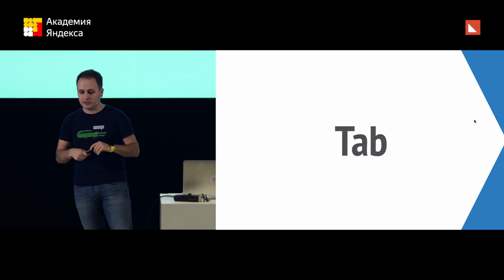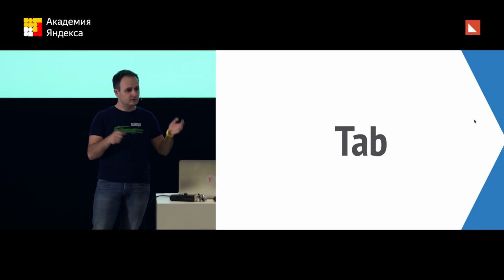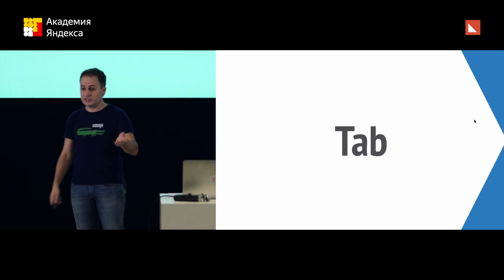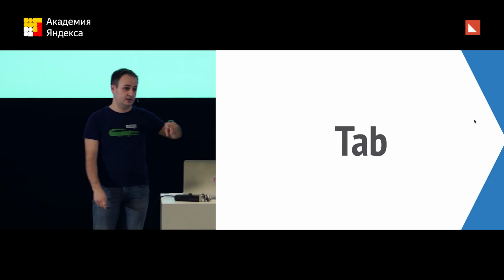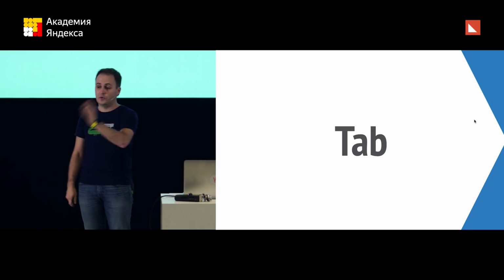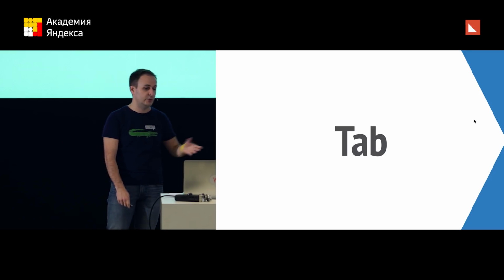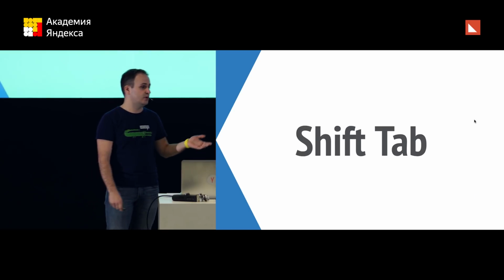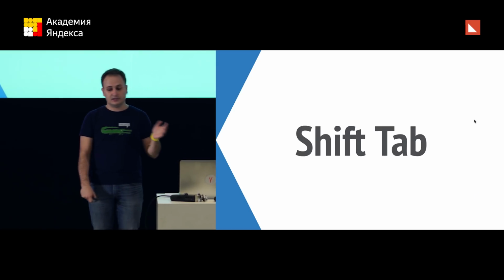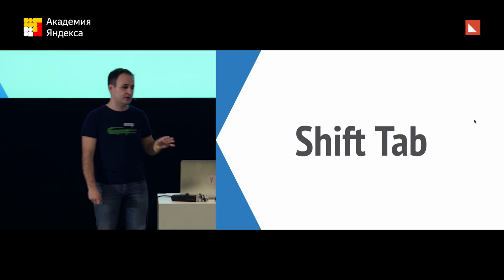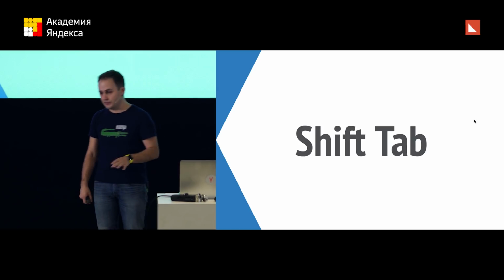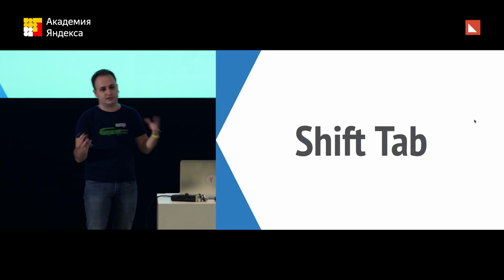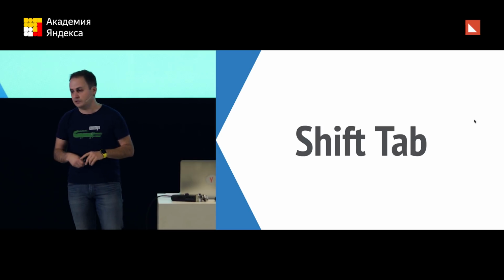And how do they move between interactive elements on the page? Easy, with tab. A tab moves you forward in the interface between interactive elements. Shift tab moves you backward. These keyboard shortcuts work in every browser on every platform. Well, where keyboard is accessible or those keys are available.